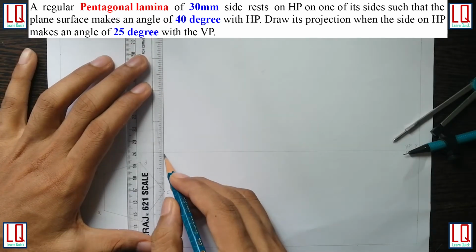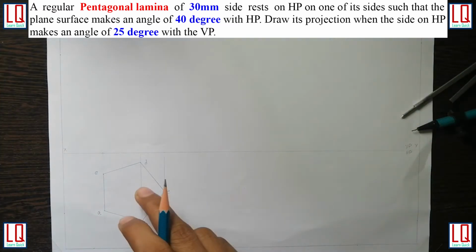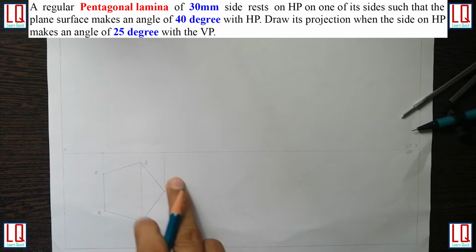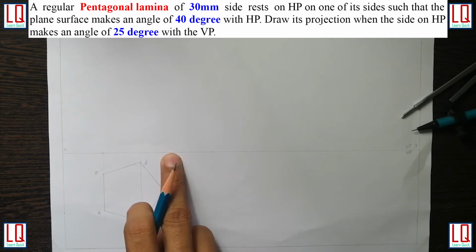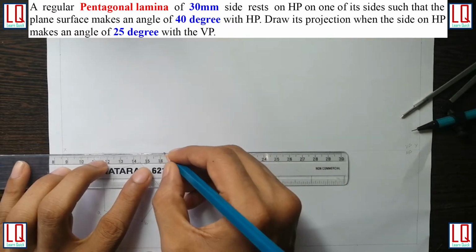Use of an engineering drafter is recommended for drawing horizontal and perpendicular lines. Here we consider the edge AE as the resting edge, and when we view this pentagon from the front view, it is visible as a straight line, and we draw this straight line.